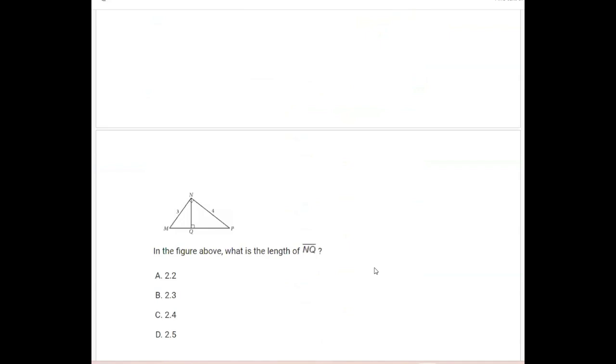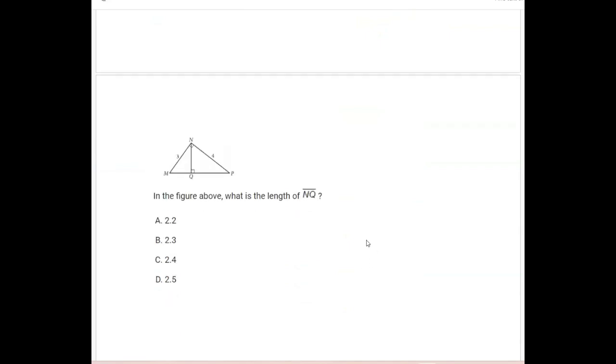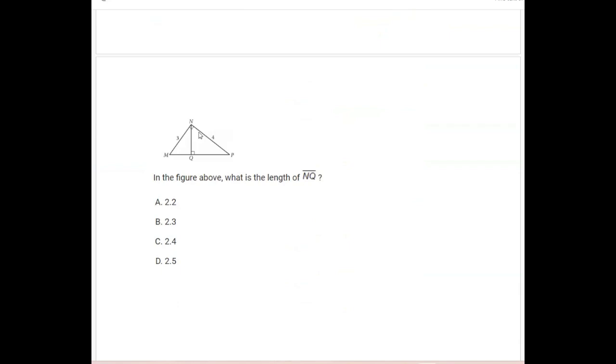Moving on to the next question. In the figure above, what is the length of NQ?